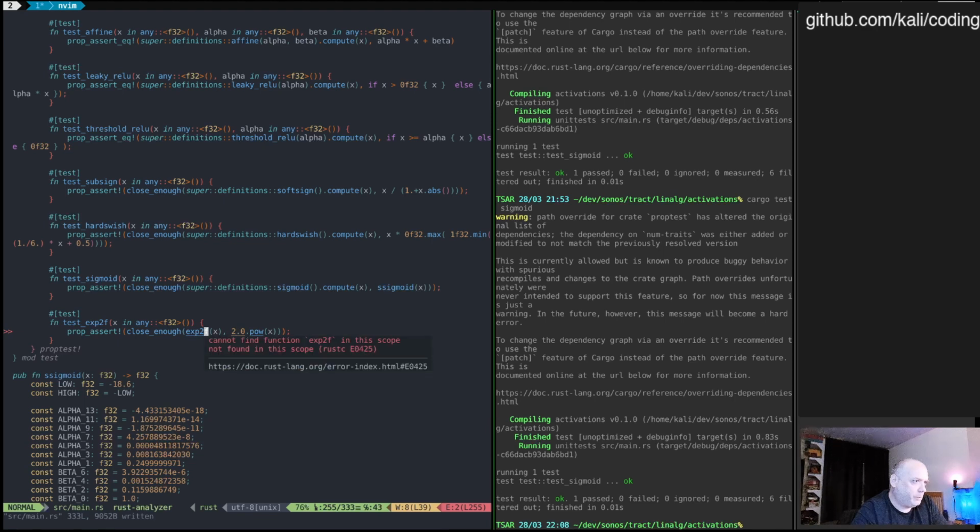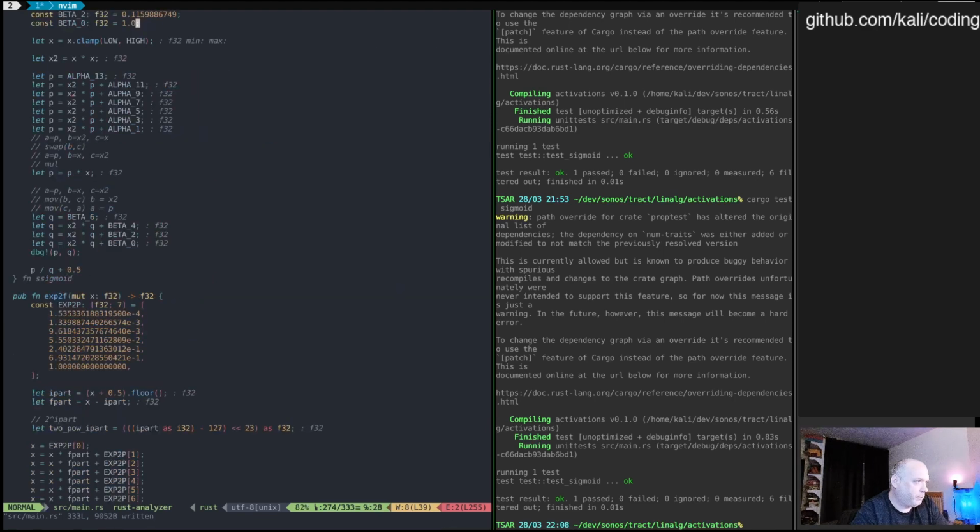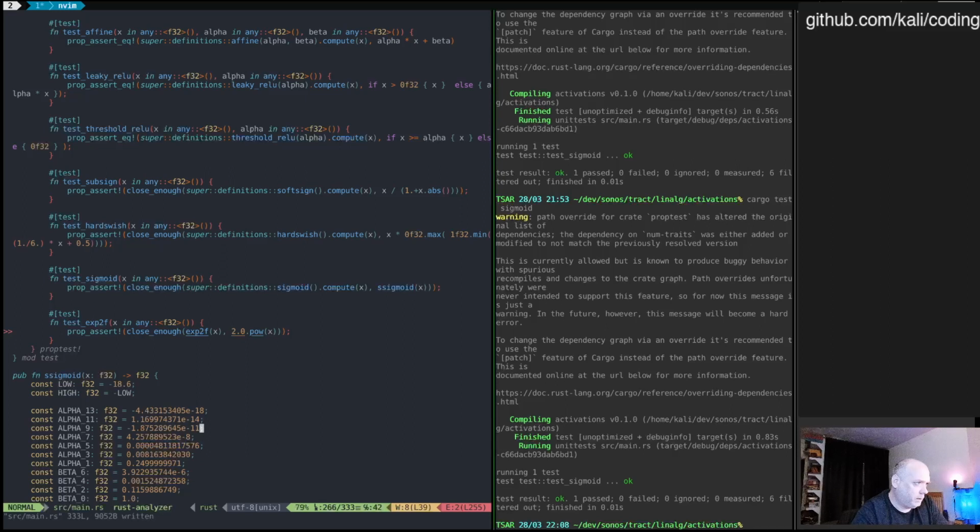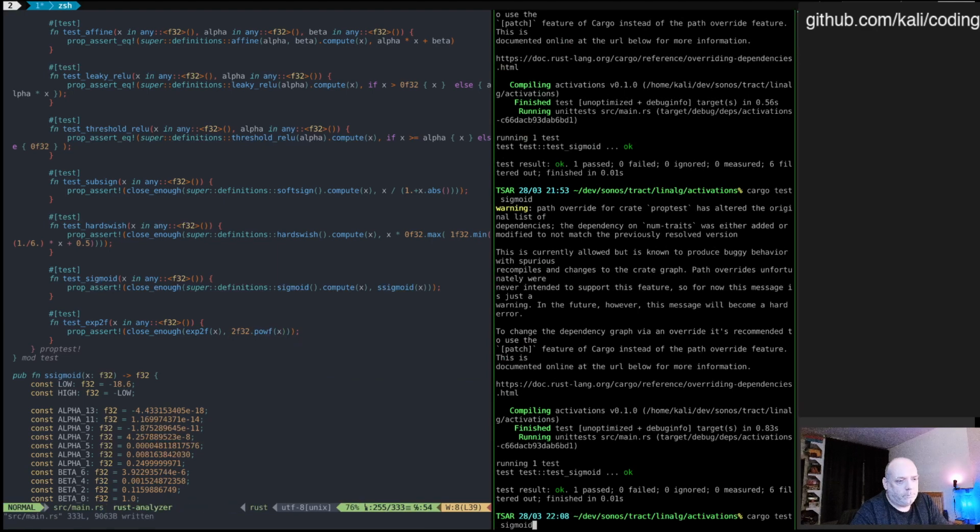So exp2f, exp2f. I need to import it because I'm in a submodule, and this has to be powf. You must specify a type. Let's test this.